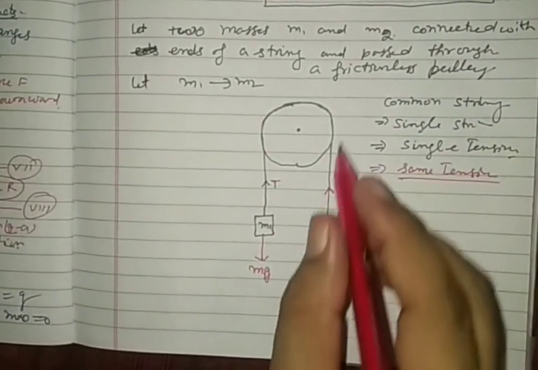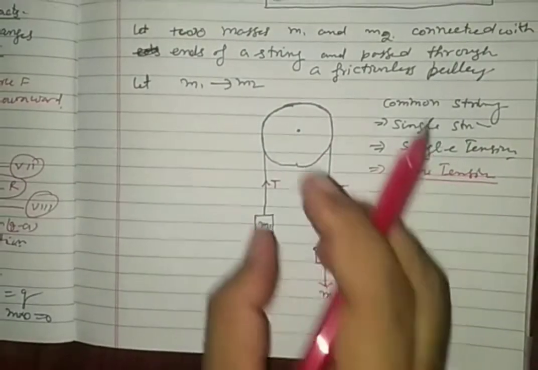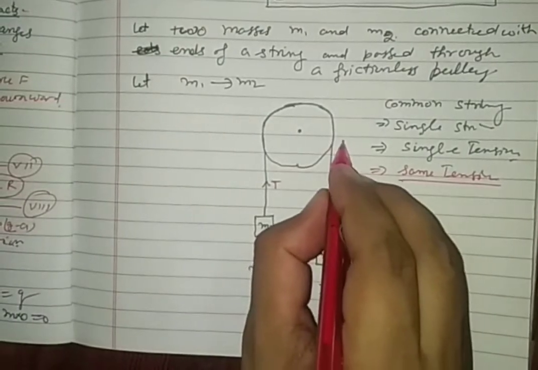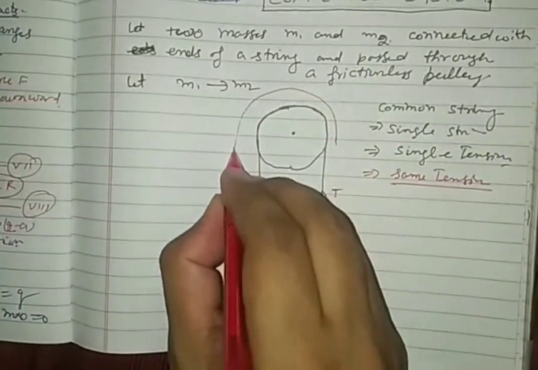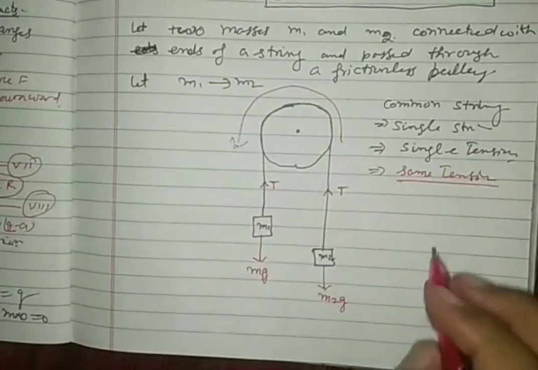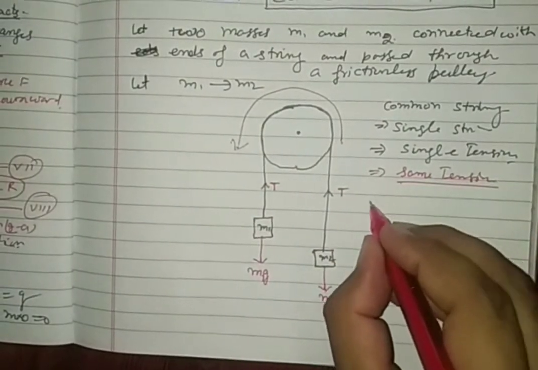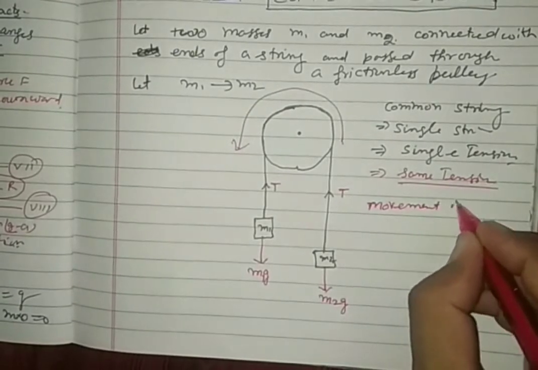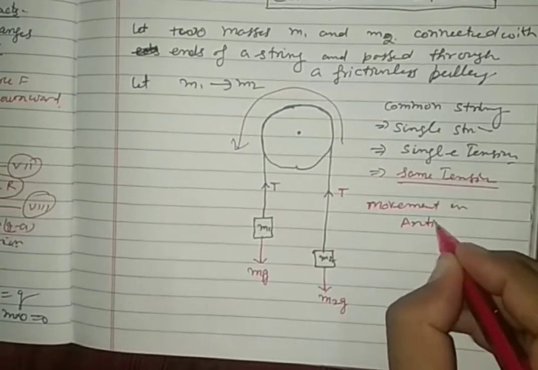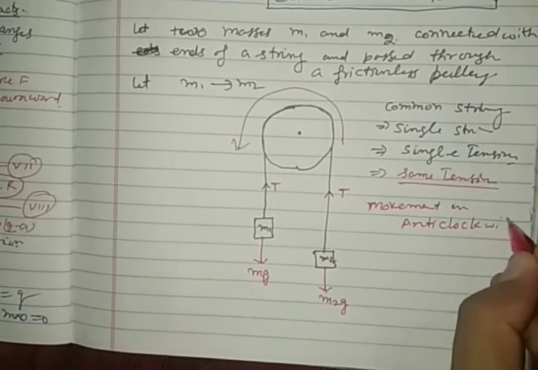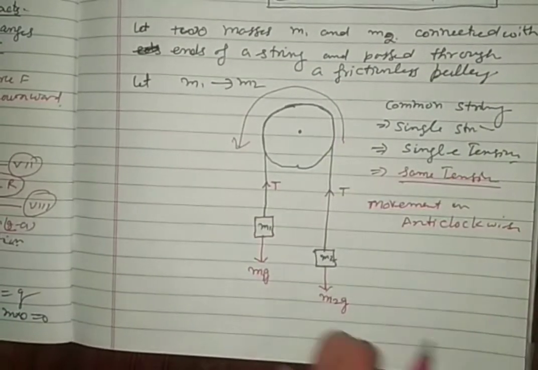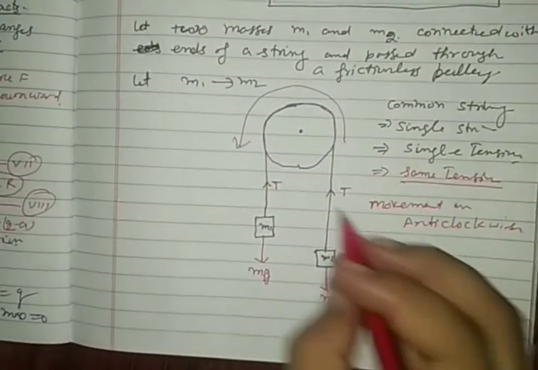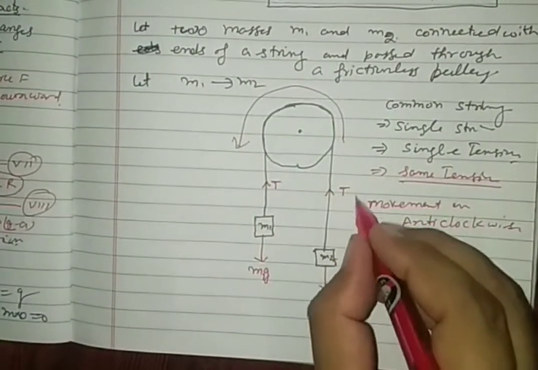Since M1 is greater than M2, M1 is heavier, so it will go down. It will move anti-clockwise.